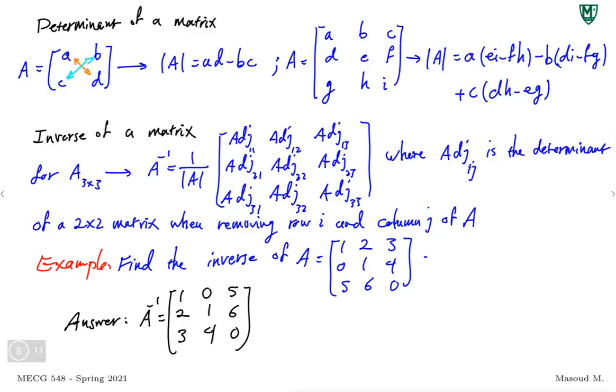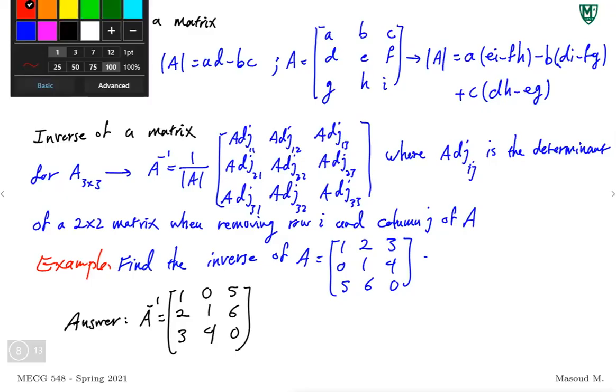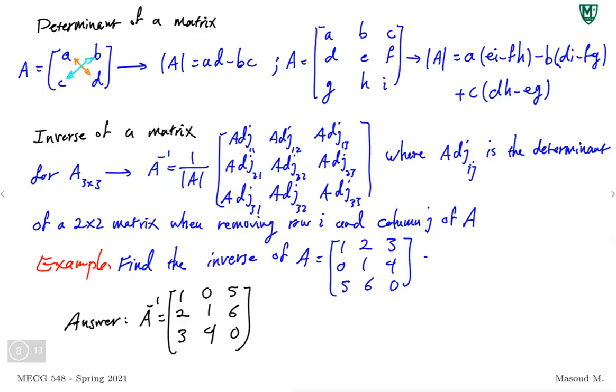For instance, take this A matrix as an example. ADJ11 is the determinant of eliminating this, which is 1 6 4 0. Let's see if I got the right number. It's going to be 1 times 0 minus 24, so it becomes minus 24.